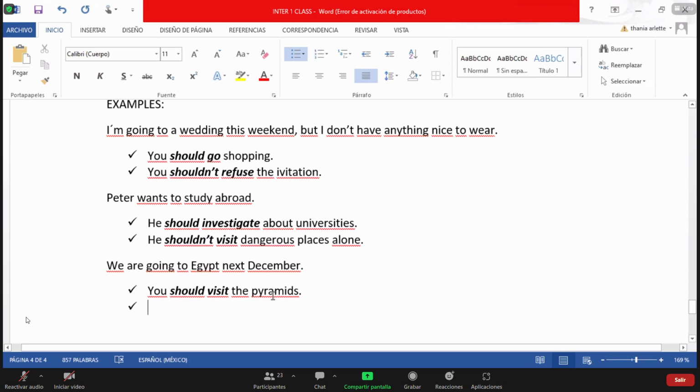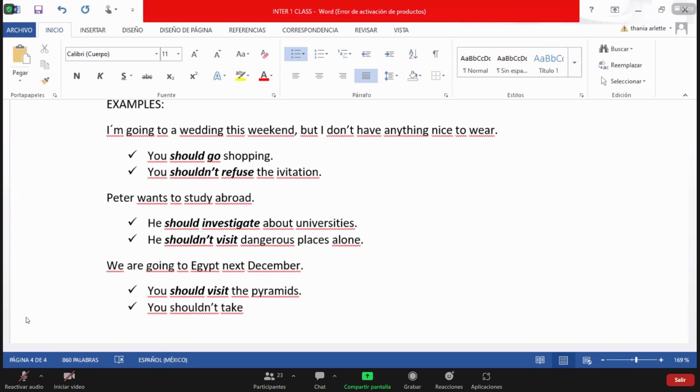All the verbs are in the infinitive. In a moment, I am going to highlight all the verbs for you to remember this. We are going to Egypt next December. And we said the recommendation is you should visit the pyramids, but you shouldn't take warm clothes with you because it is too hot in Egypt.